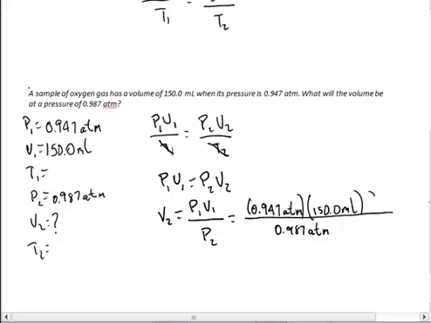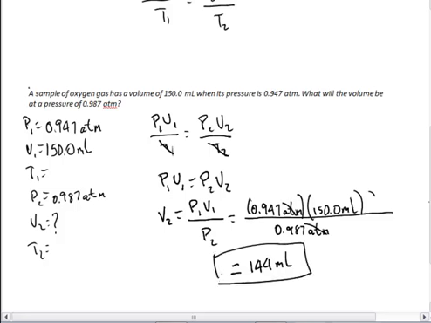If you look at that, atmospheres will cancel out and we'll get our units in terms of milliliters, which is what we'd expect for the volume. And when we do the arithmetic using the calculator, we end up with three significant figures, 144 milliliters. There's your answer.